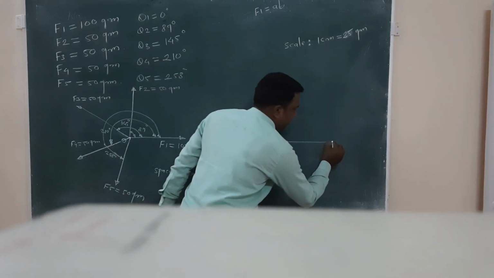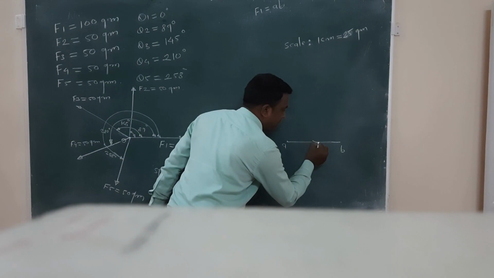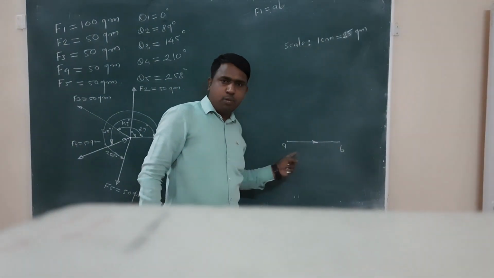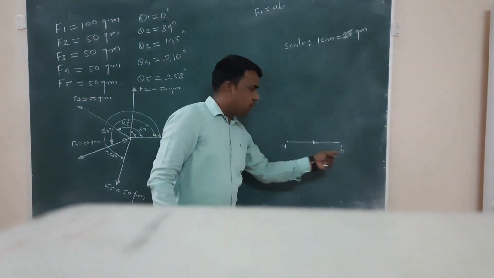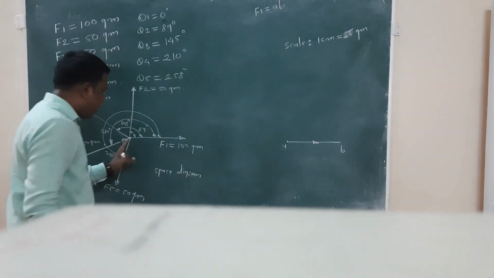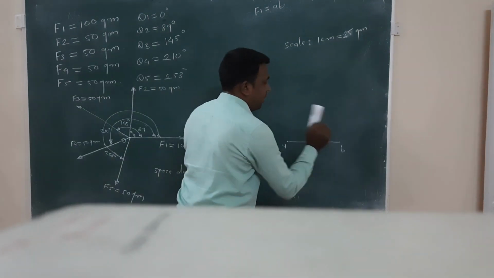So the direction we take for the line on the page, the direction of A to B, is parallel to the force F1. This line we have to draw parallel.